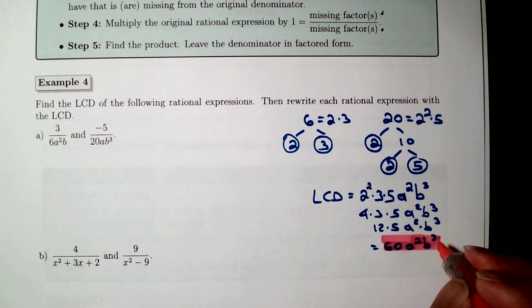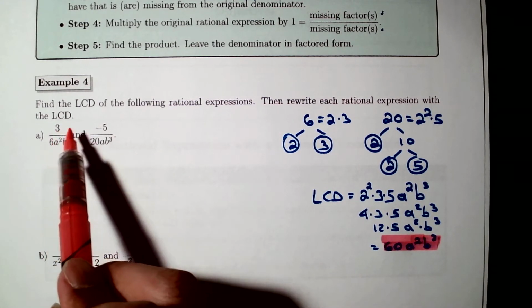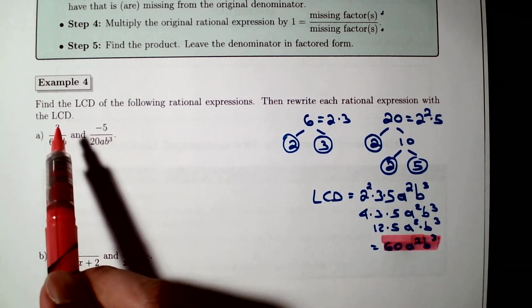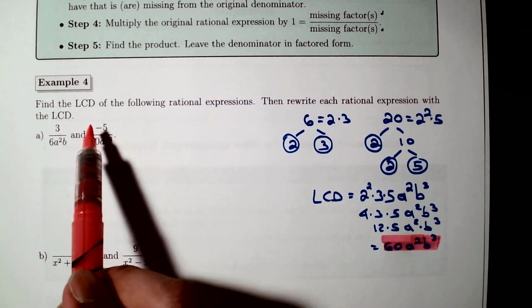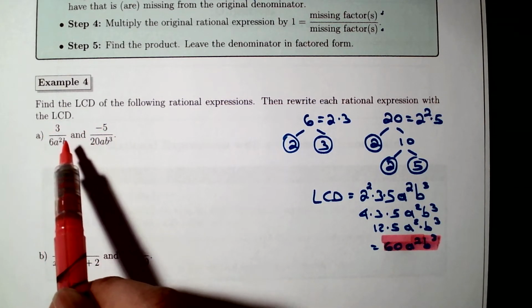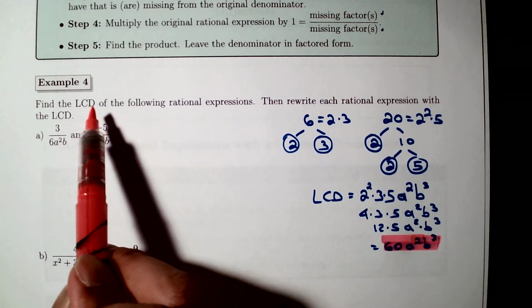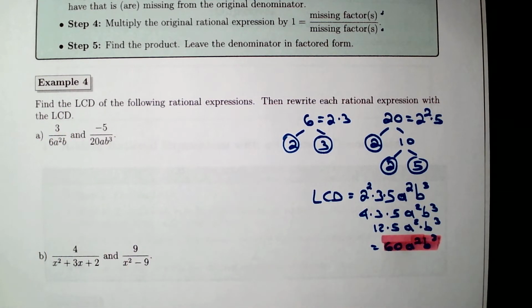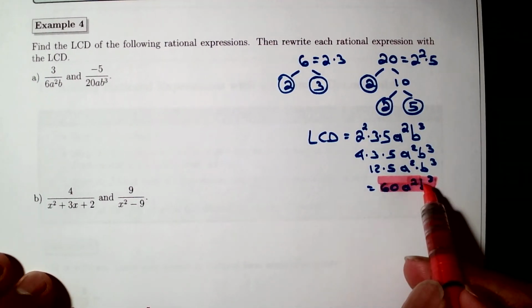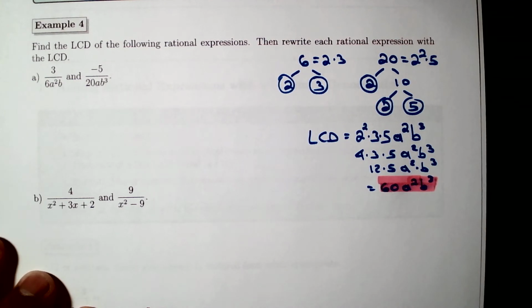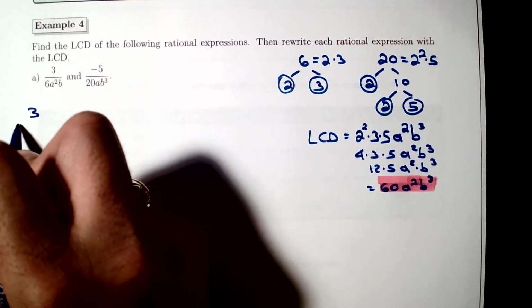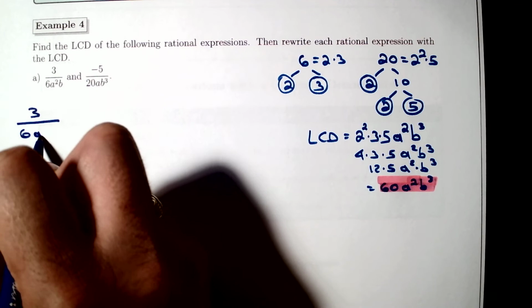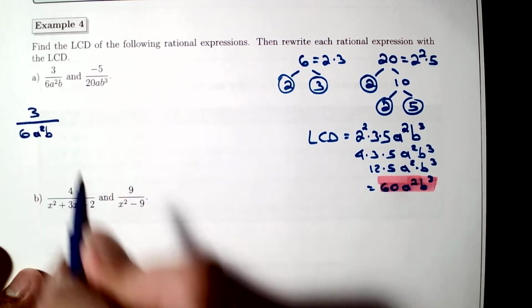And what are we going to do here? We are going to transform these two rational expressions into equivalent rational expressions that display this denominator. So for example, 3 divided by 6a squared b.